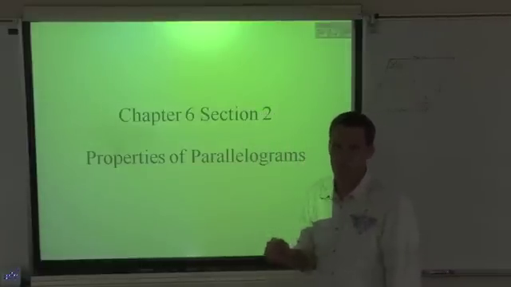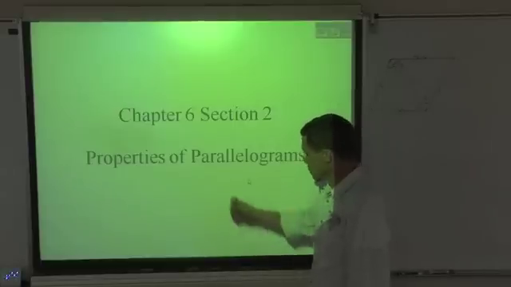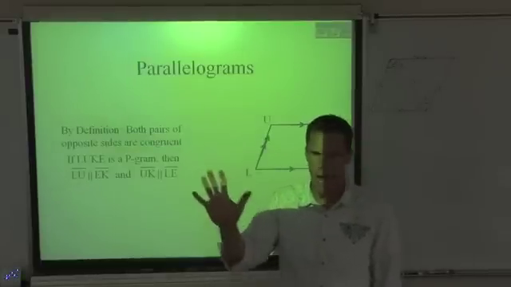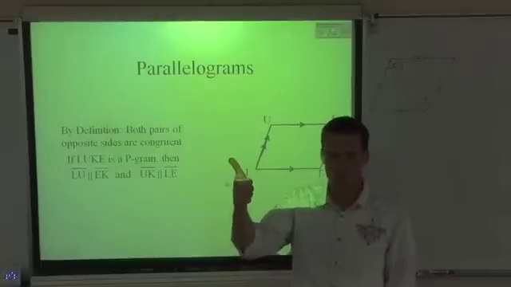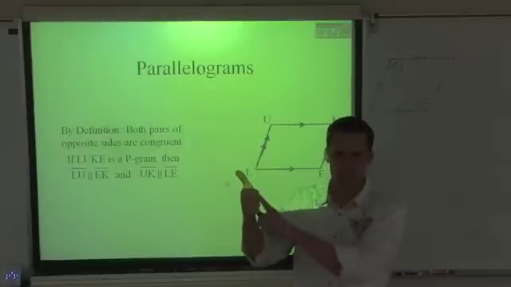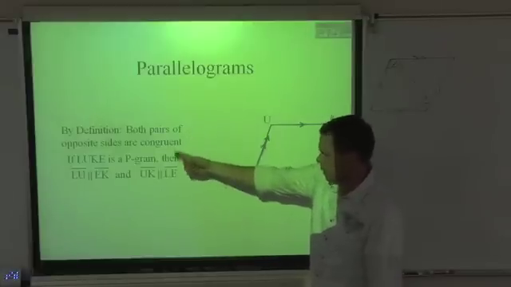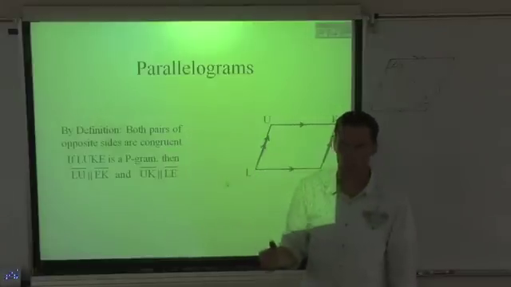There will be 5 things and we'll get started. I described the 5 things about parallelograms using my hand, where the thumb, which is the first of 5 fingers, is a little different. It's the definition. The definition of a parallelogram: both pairs of opposite sides are parallel.